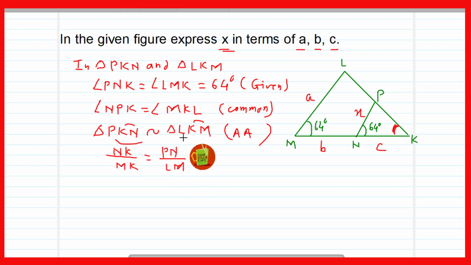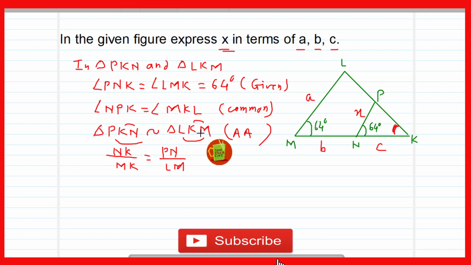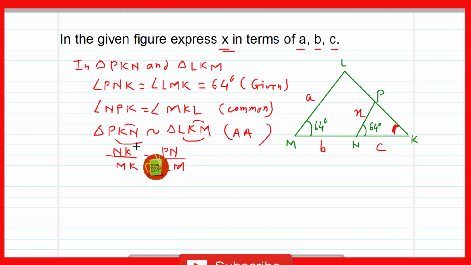These two are the corresponding sides, because these two triangles are similar and therefore the ratio of the corresponding sides of the similar triangles are equal.